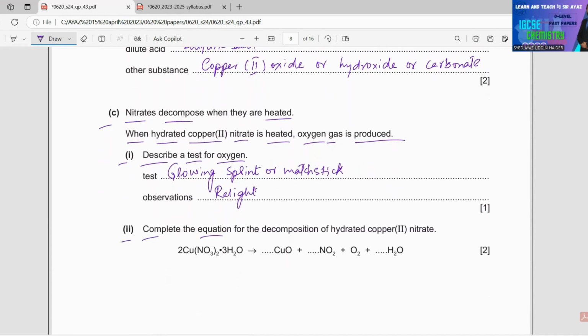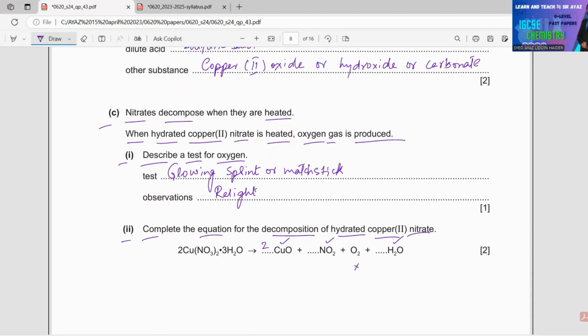Part 2, complete the equation for the decomposition of hydrated copper 2 nitrate. We have 2Cu(NO3)2 dot 3H2O gives blank CuO plus blank NO2 plus O2 plus blank H2O. So we don't need to balance oxygen. We need to balance CuO and H2O. Looking at the reactant side, we can balance CuO. I will write 2 before CuO. Now copper is balanced.